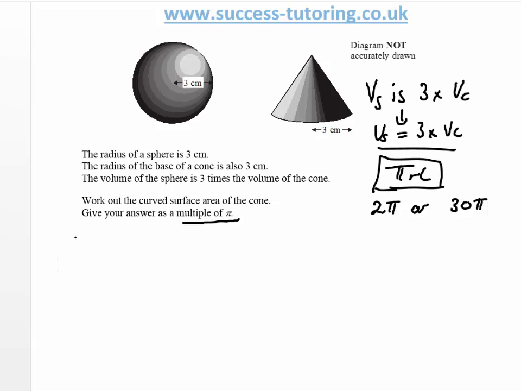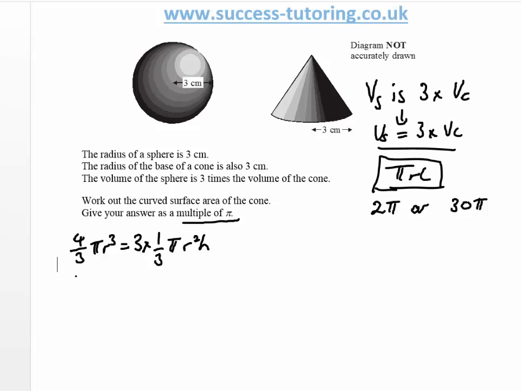Let's start by writing out the formulas for the volume. We've got 4 over 3 pi r cubed is equal to, what did they say? 3 times. Yes, so we're going to do 3 multiplied by 1/3 pi r squared h. Let's plug in our values. The radii for each of these shapes is 3.